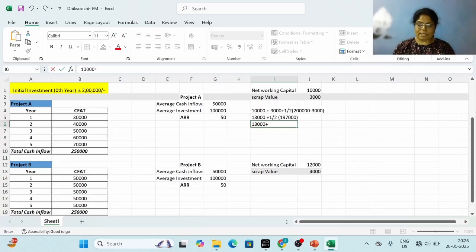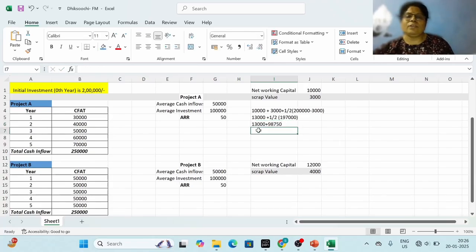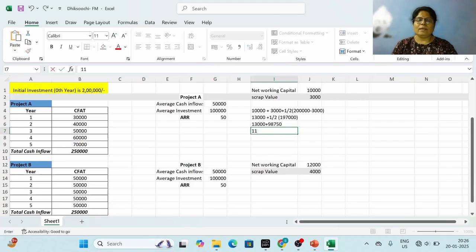So let us calculate. 1,97,000 divided by 2 is 98,500. Now if you take 13,000 plus 98,500, we get 1,11,500. So 1,11,500 is your answer, right?